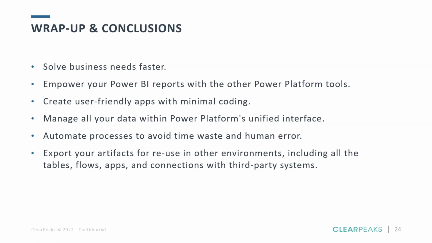We can empower our Power BI reports with other Power Platform tools. In this case it was Power Apps, and we have embedded a Power BI, but you can do it vice versa. You can have a Power BI and embed a Power Apps, or also add Power Automate. So everything is integrated.